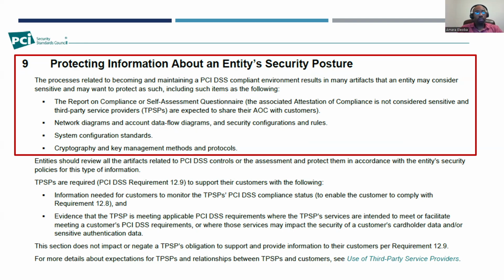Then another thing that you need to protect is your network diagrams, your data flow diagrams, configuration settings and configuration rules. You need to protect that. The system configuration standards, or any key management and cryptography protocols.